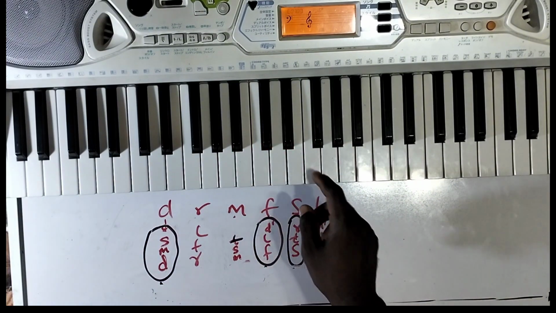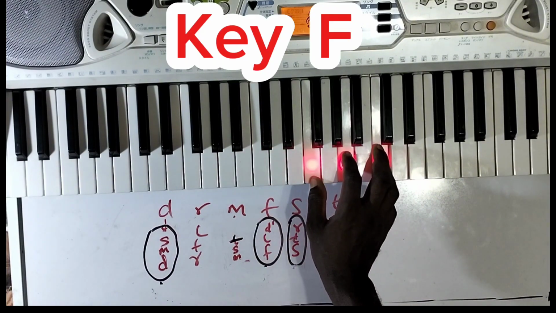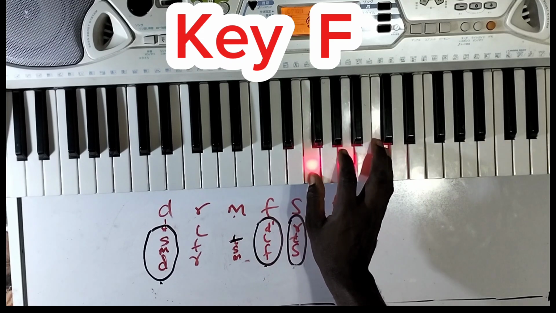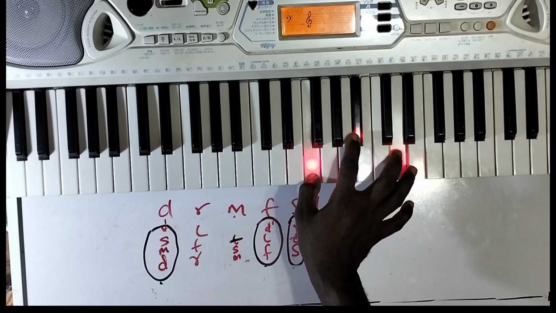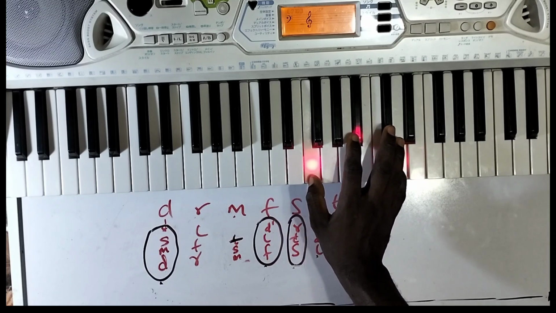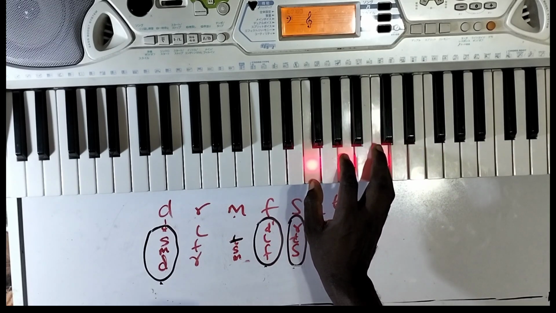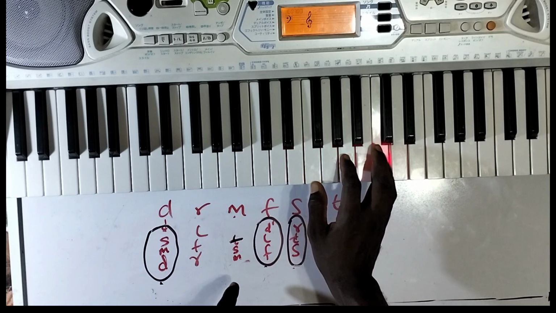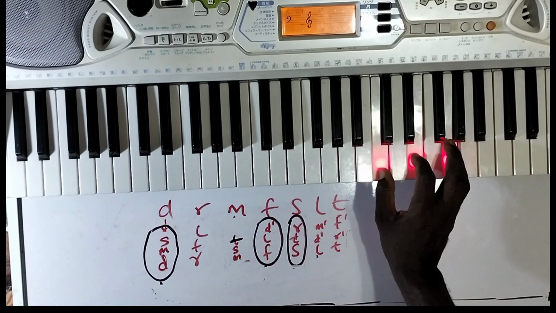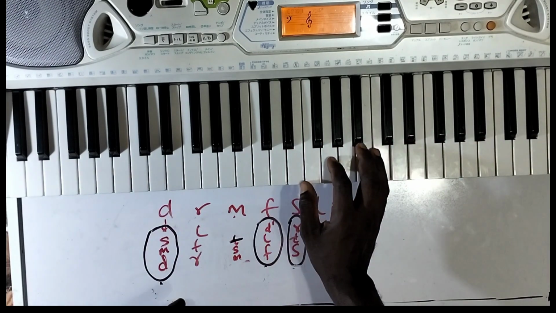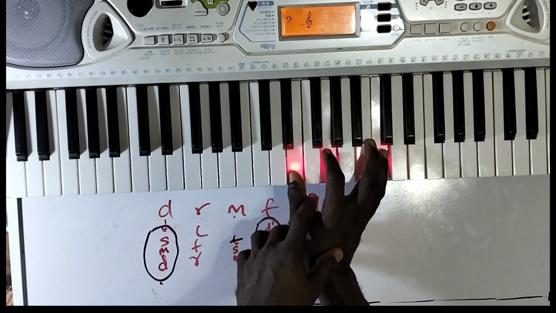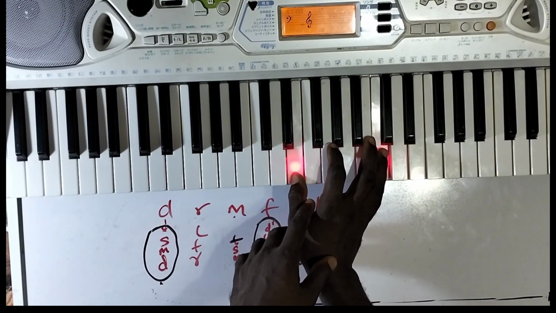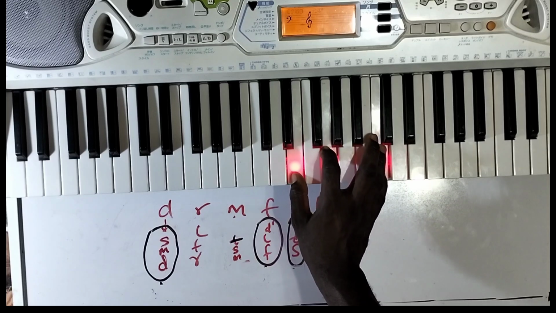Do you understand? If you want to do it with key F, it is the same thing. Do mi so, then the fa chord: fa la, just move to fa and come back to do mi so. If you want to go to so ti re, the so will remain. You can still play it the other way, but to avoid stress, just push your hand down: re ti re so.